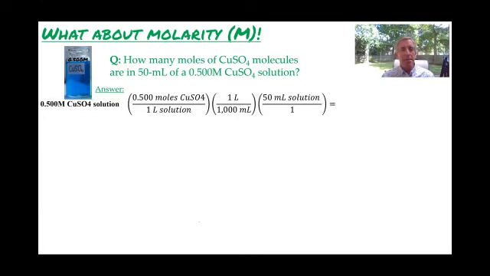So again, I'm going to try to use dimensional analysis to figure this problem out. If I'm trying to figure out moles of copper sulfate, you can see that moles of copper sulfate is in the very first ratio I use. And now all I have to do is cancel out liters of solution. Well, I see in the problem I was given 50 milliliters. I'm going to include the actual conversion factor of 1,000 milliliters per liter.